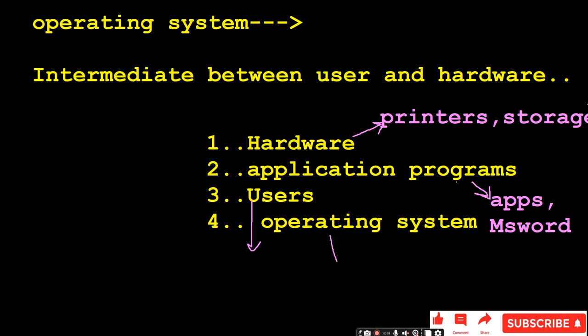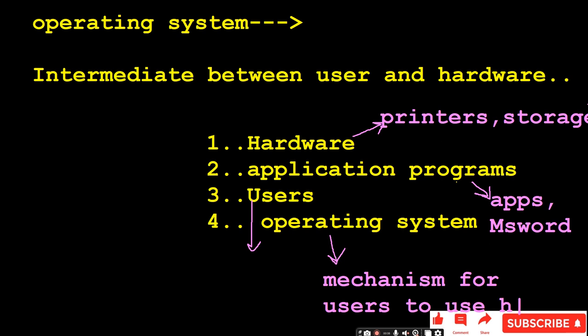Coming to the operating system, it provides the mechanism for users to use hardware and application programs also. So in a computer system, the operating system is the intermediate between user and the hardware.